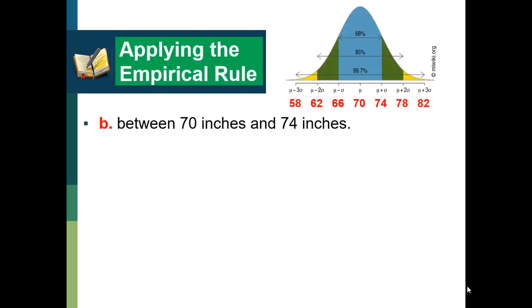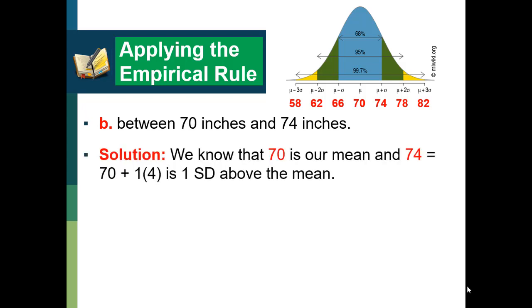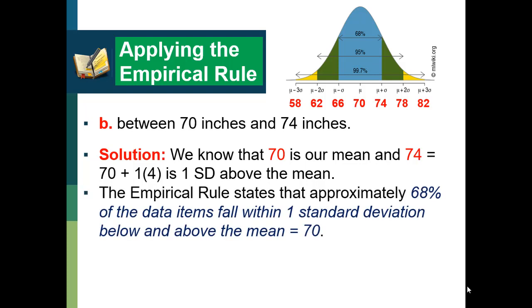Between 70 inches and 74 inches. Now, we know that 70 is our mean, right? And 74 is 1 SD above the mean because 70 plus 1 times 4 is 74. According to the empirical rule again, only 68% of the data fall within 1 standard deviation above and below the mean.